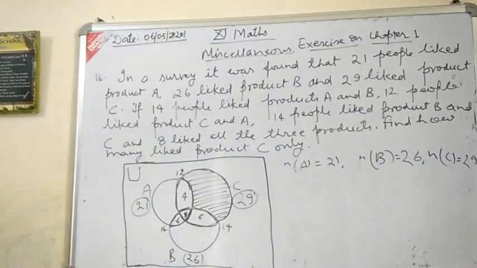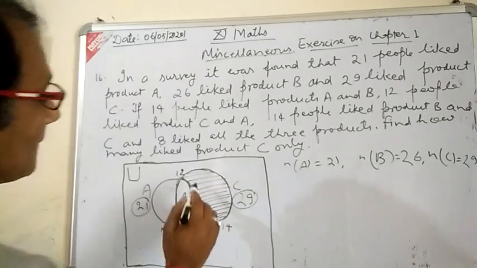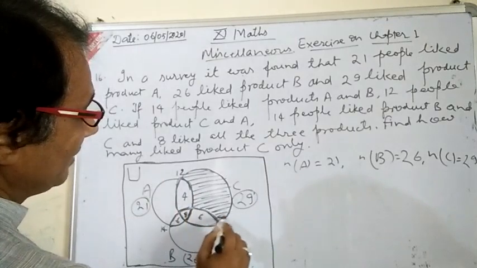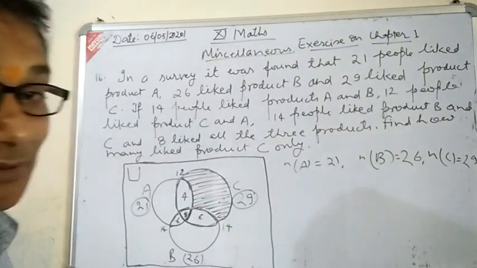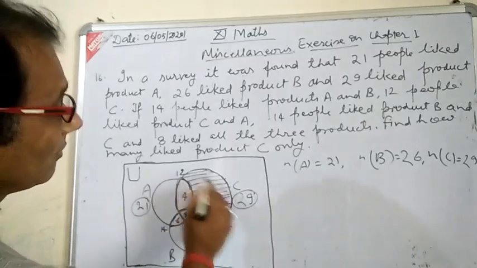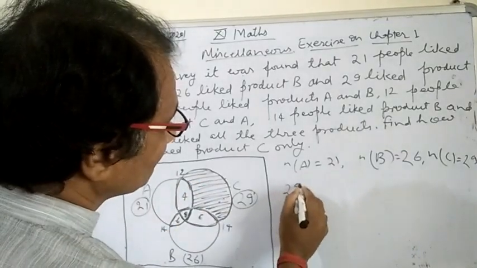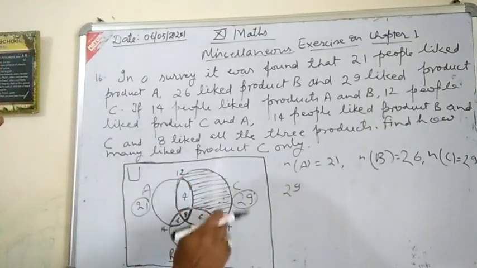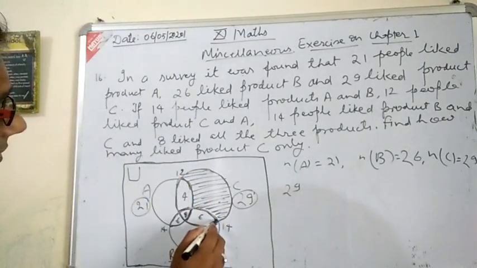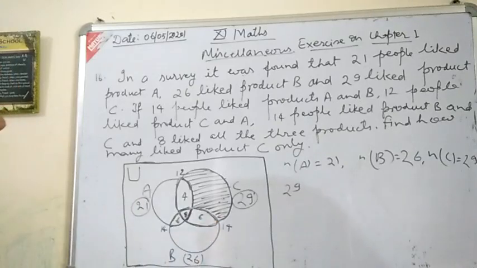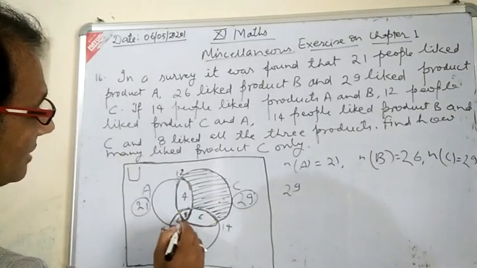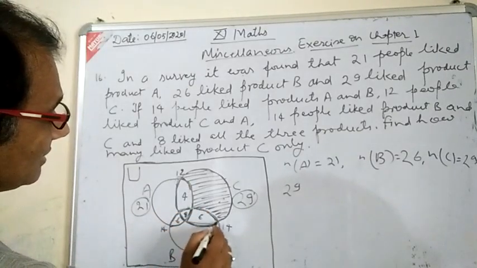Now we have to find this portion, the number of elements in C only. How will you find it? This whole is equal to 29. So 29 minus 4, minus 8, and minus 6.